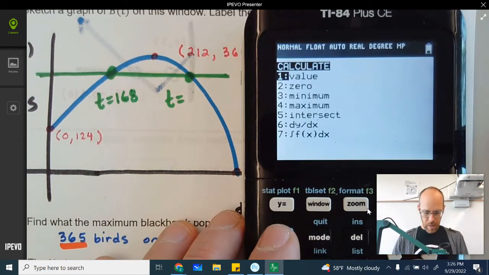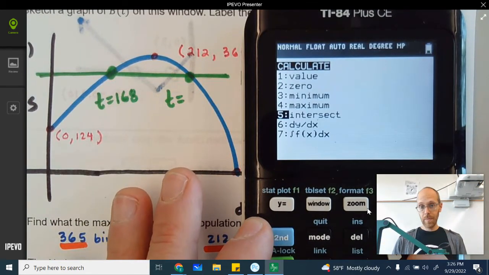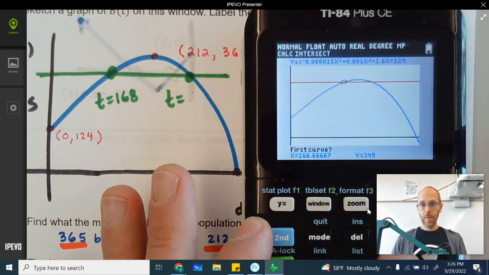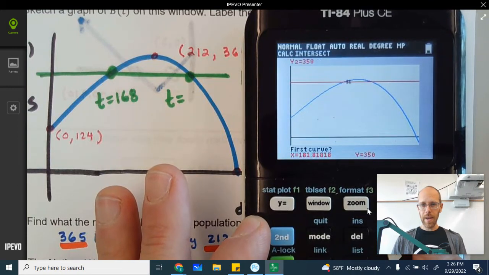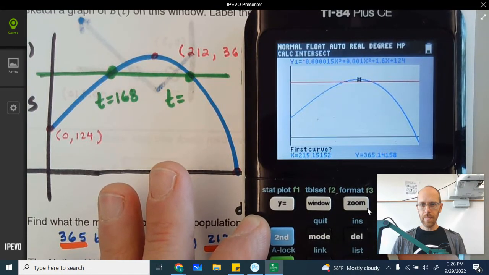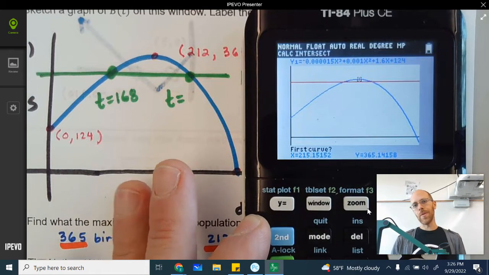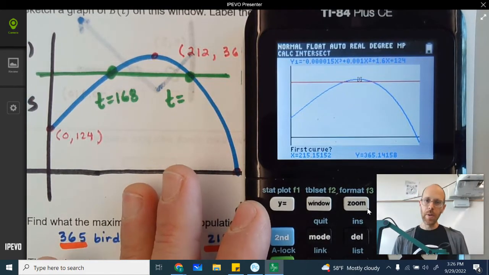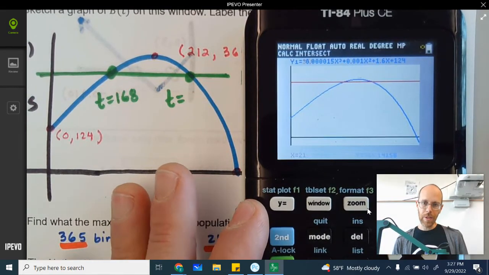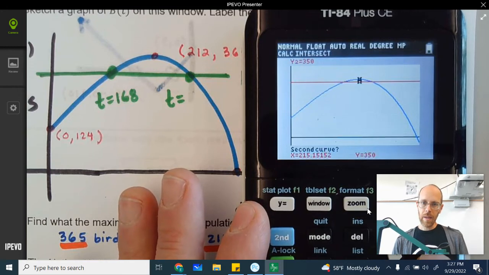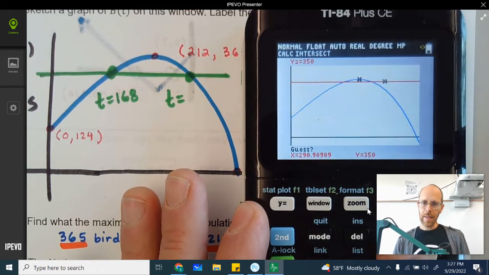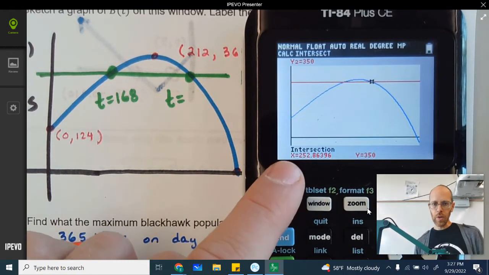And then calc, let's do it again. First curve, let's see, which one am I on? You can actually toggle back and forth, so it doesn't matter. Now I'm on the bird curve, enter, and then second curve, now I'm on the line, and then it's going to ask me for a guess. I hit enter, 253.